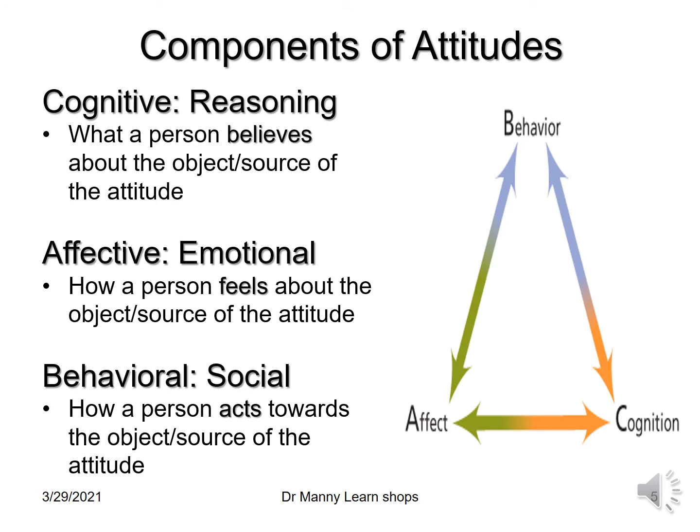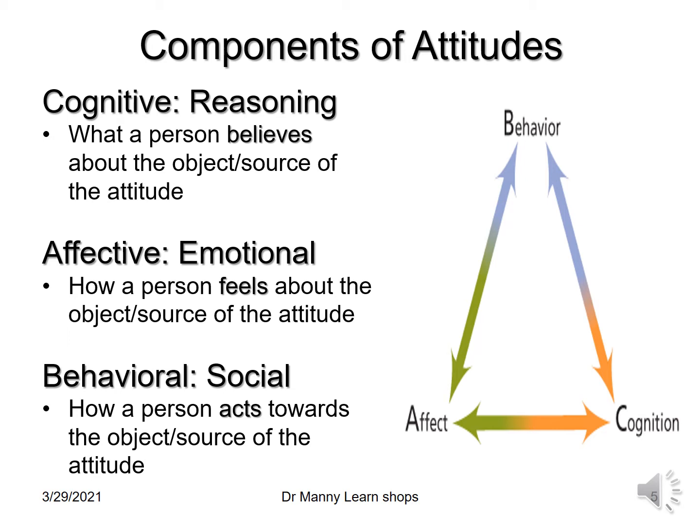So the components of attitude then are cognitive: what a person believes about the object, the source of their attitude. Affective: how the person feels about the object. That's the source of the attitude.